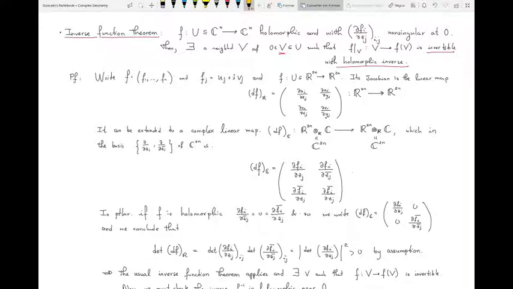Okay, so this is the standard Jacobian of f viewed as a function from R2n to R2n in this manner. And the Jacobian is then a linear transformation from R2n to R2n.